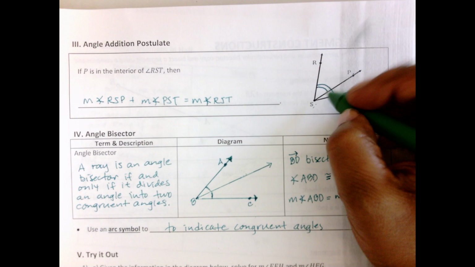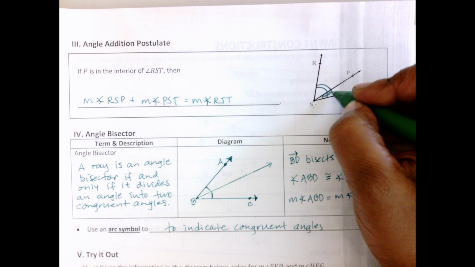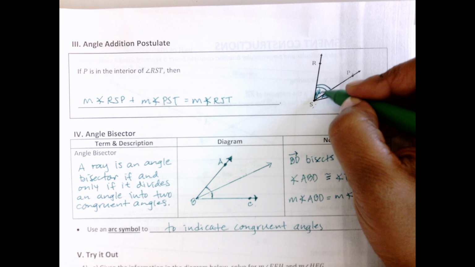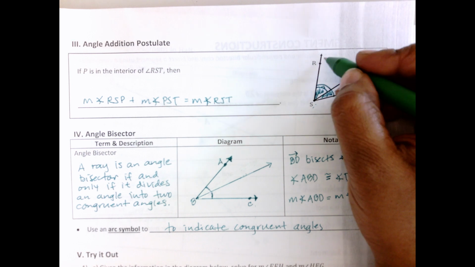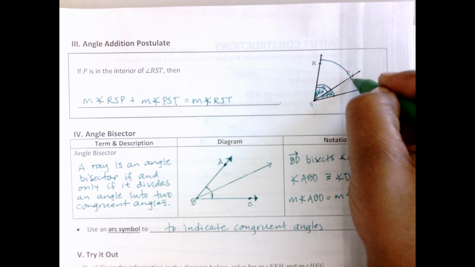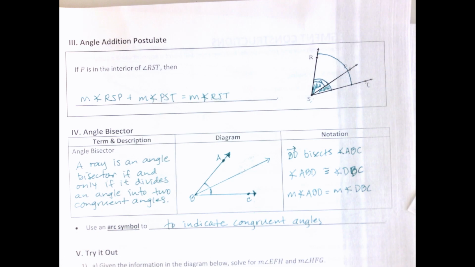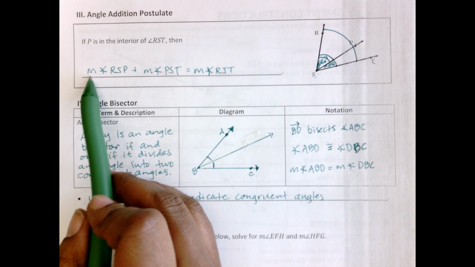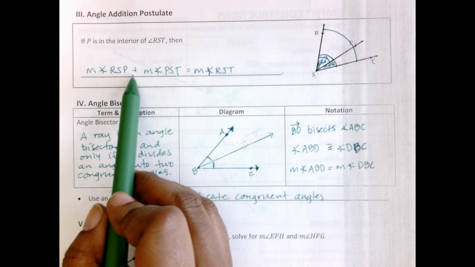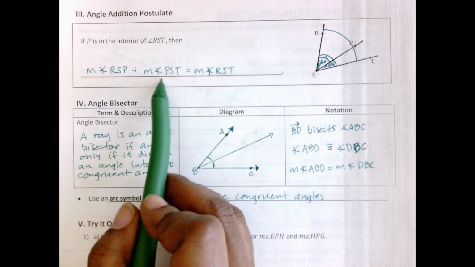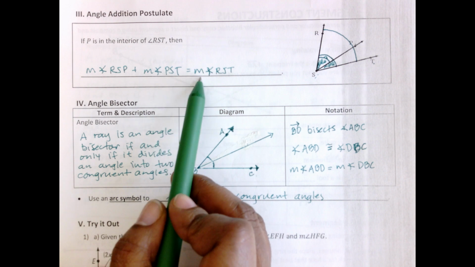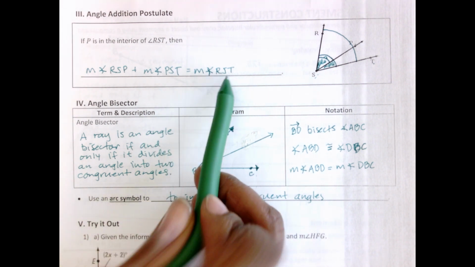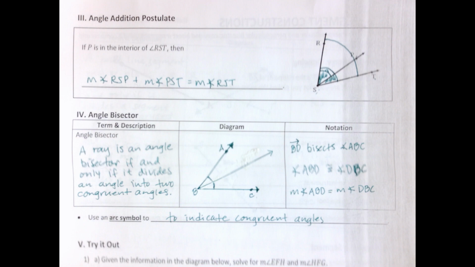So if I add up this angle and this angle, it would give me this whole angle here, okay? Very much like the segment addition postulate, all right? And it states that the measure of angle RSP plus the measure of angle PST is equal to the measure of angle RST, all righty?